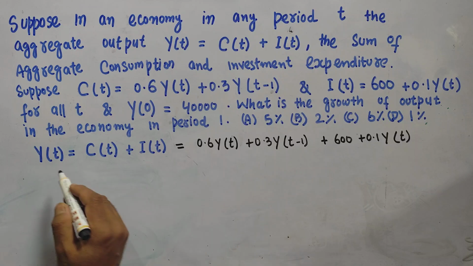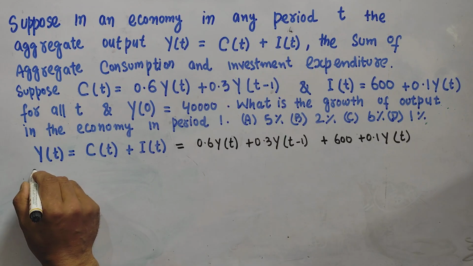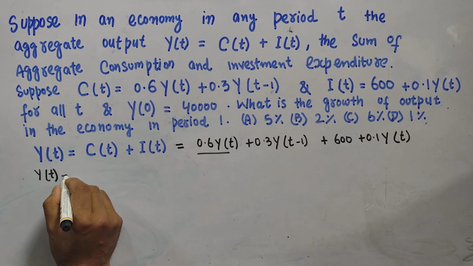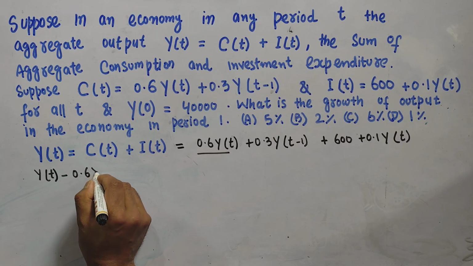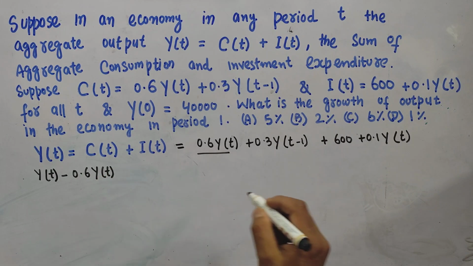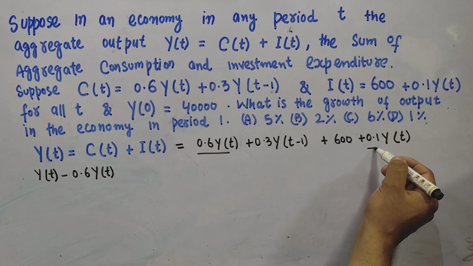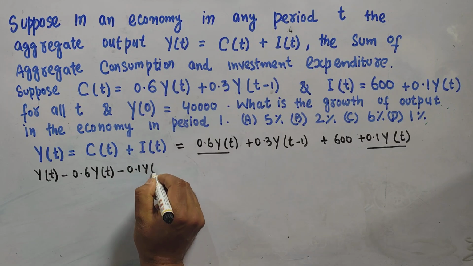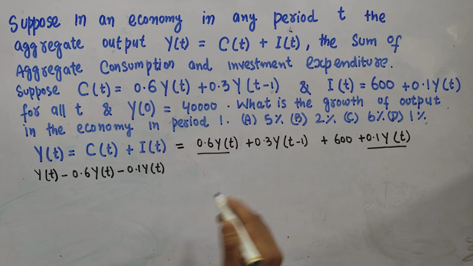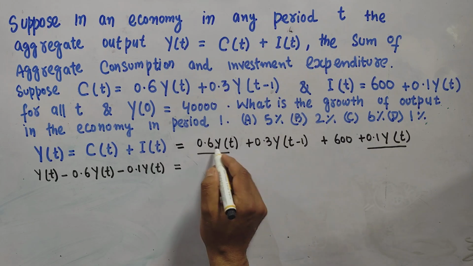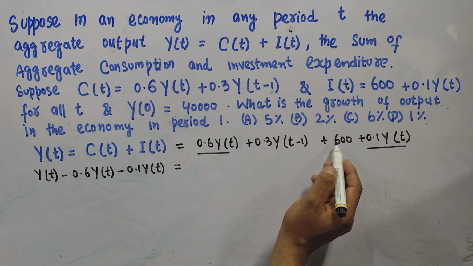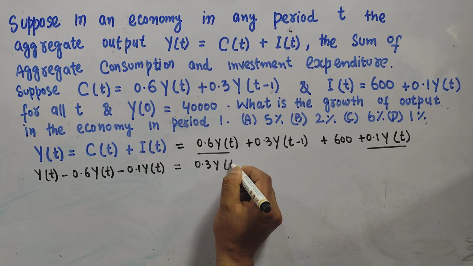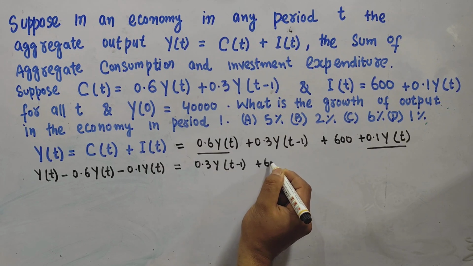So we have yt. Transpose this term to LHS, you get subtracted 0.6 yt, and we also have negative 0.1 yt. Transposing to LHS, they will change the sign, and we are left with 0.3 yt minus 1 plus 600.